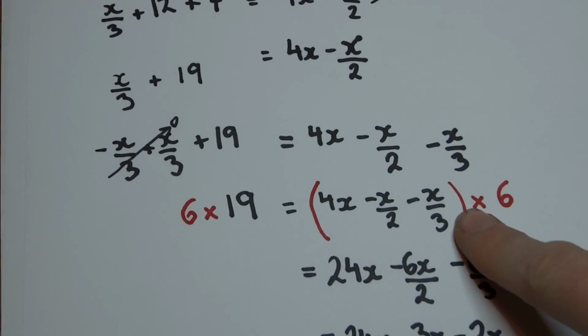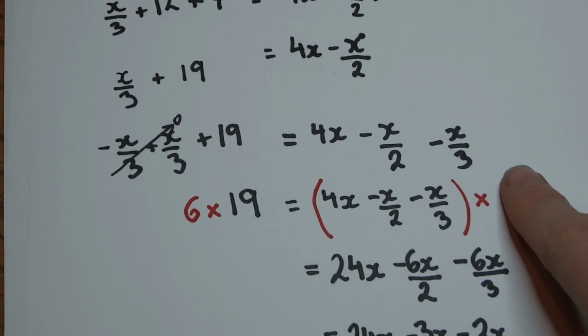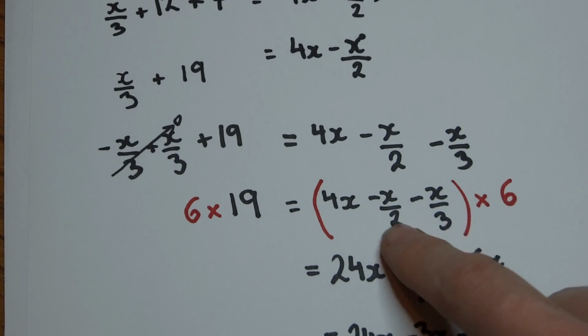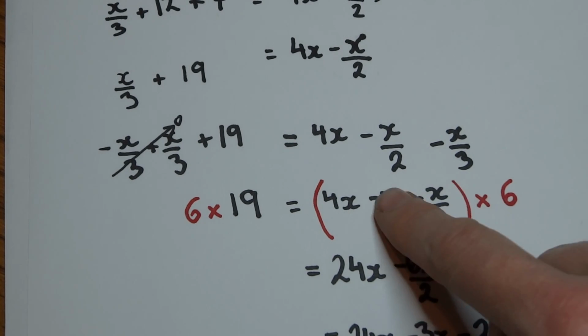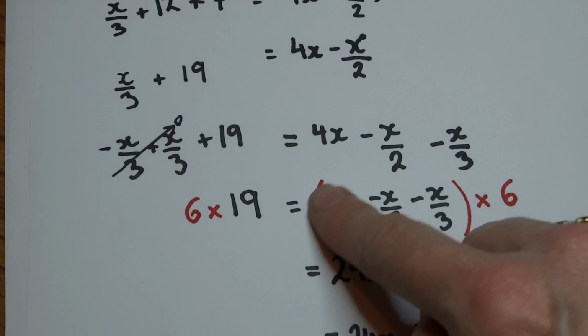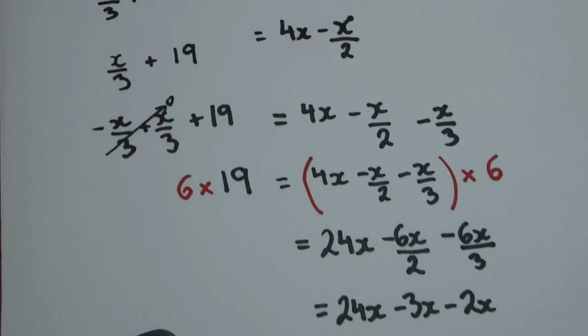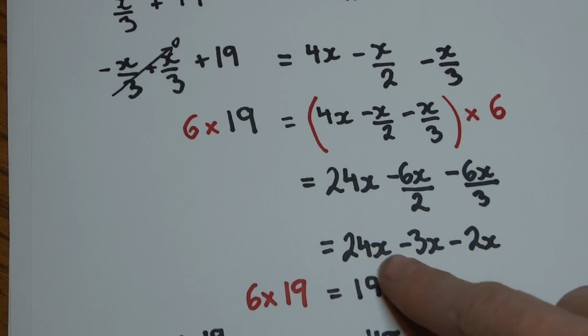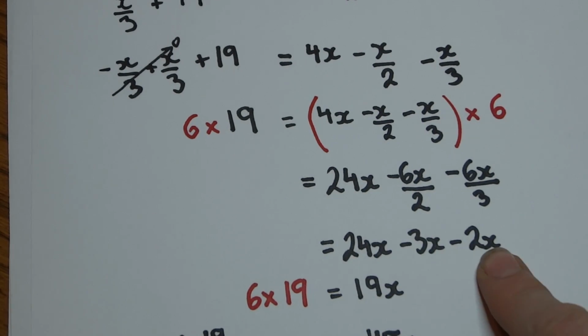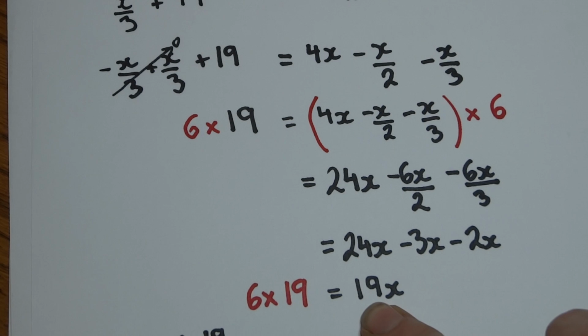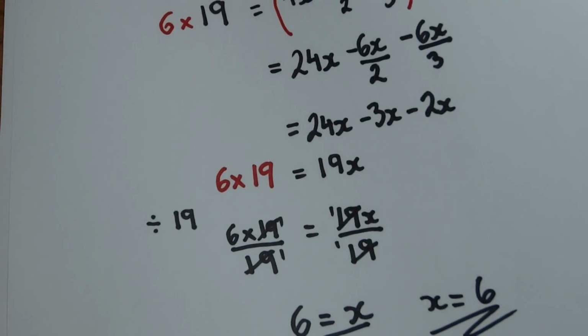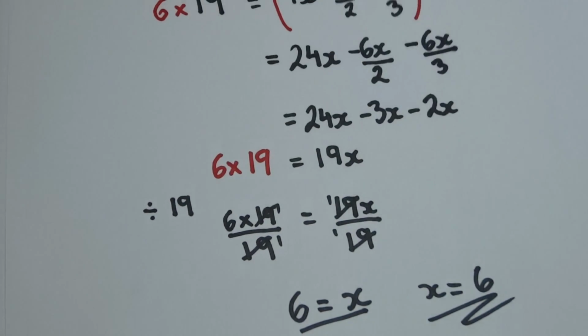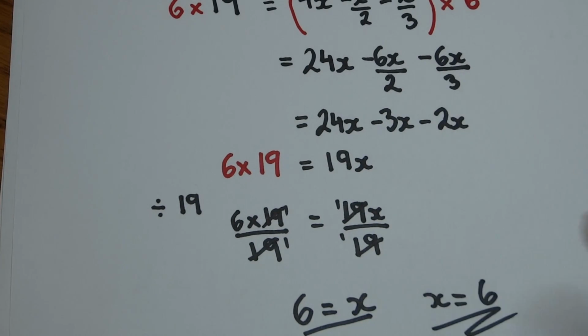We then expand both sides of our equation, multiply by, in this case, 6, to get rid of the fractions of x, because we can't do anything here when x is still as a fraction. Once we've done that, we now have an expression of 24x minus 3x minus 2x, giving us 19x equals 6 times 19. Divide both sides of our equation by 19, and we get x equals 6.